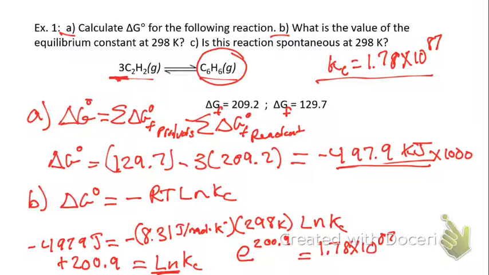And the fact that we got a negative delta G also tells us that it is going to be spontaneous in the forward direction. So there's how we do essentially a problem using our delta G equation here. All right, let's move on.